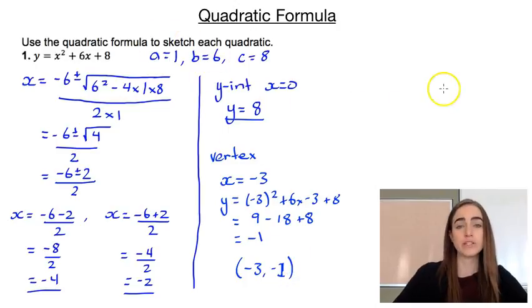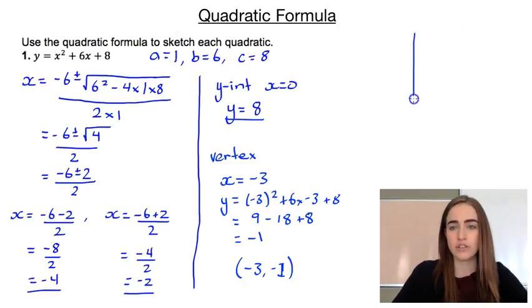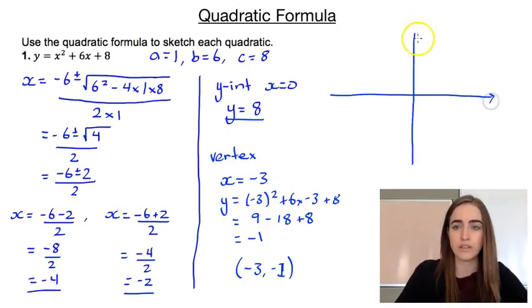Okay, so the last thing we need to do is sketch it. Again, you should be using a ruler and drawing your axes up using your grid book if you've got one. It makes it a little bit harder for me on this. But okay, we've got a y-intercept of 8, so we'll put that up here. We've got x-intercepts of -4 and -2, so it's going to be about -4, -2.